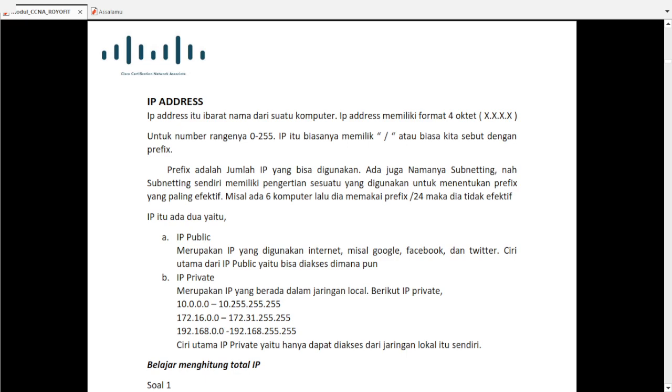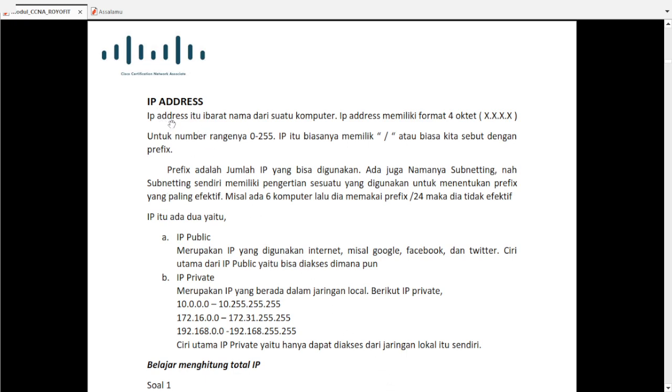IP can be divided into two types: first, IPv4, which defines an IP address as a 32-bit number, and IPv6, which defines it as a 128-bit number.